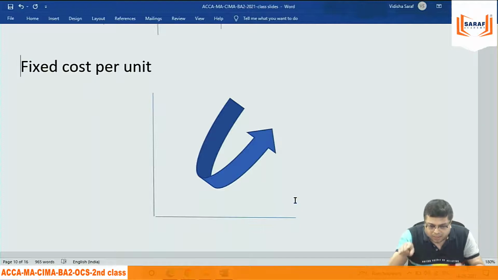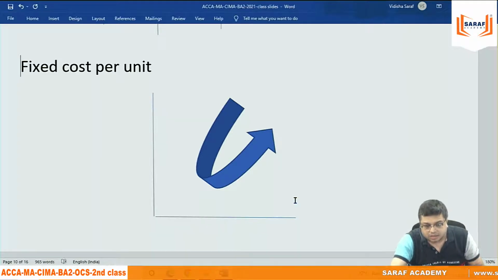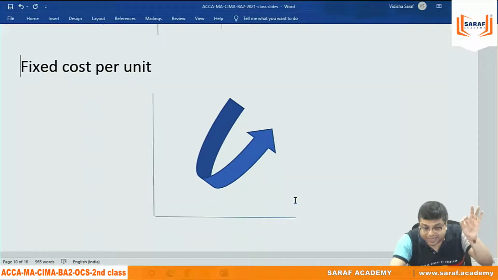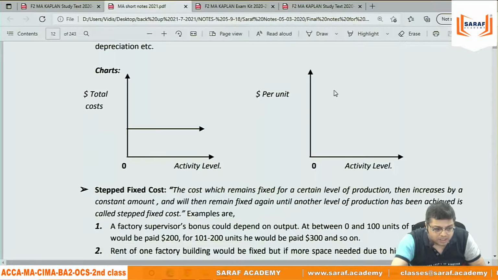When you draw it, it will not be a straight line, it will be a curve. So it will be continuously going down as I produce more. My fixed cost per unit will be lowest if 99 students are taking the live class, because it will be 20,000 by 99. So fixed cost per unit will be on the basis of a curve. They have not been able to draw the curve, don't know why.